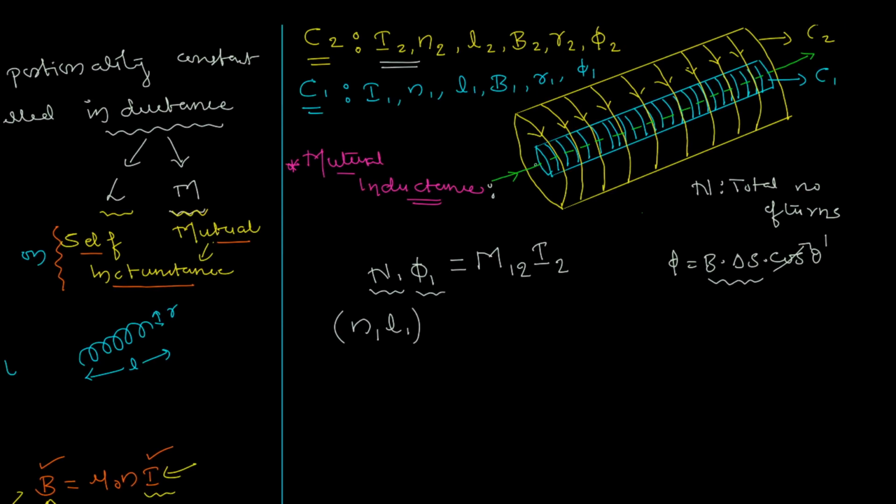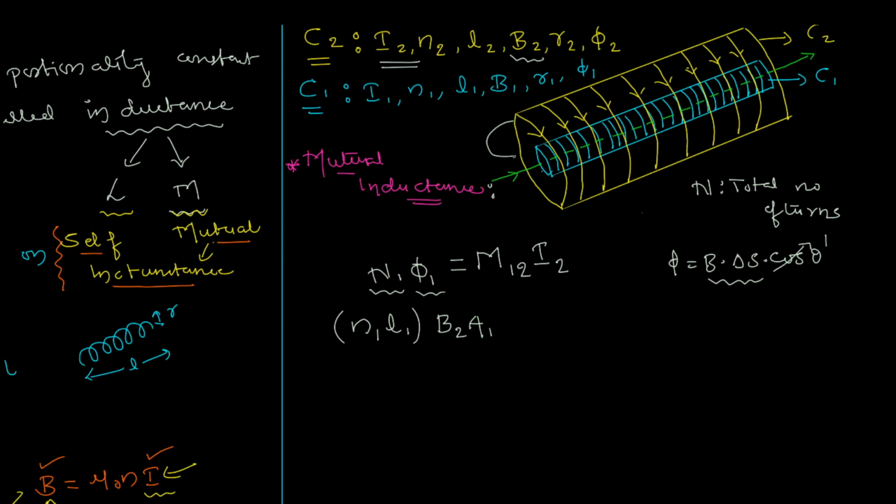So the flux through the first coil is due to the magnetic field of the second coil, right? So the flux through the first coil would in fact be B2. The magnetic field produced is going to create flux across this coil. So it's going to be B2 times area A1.